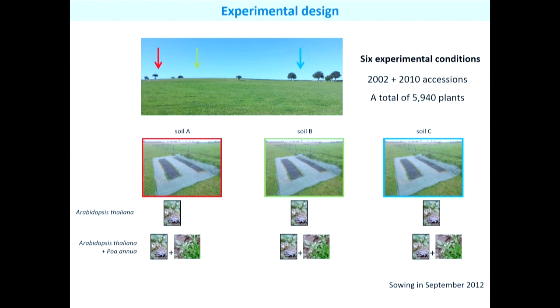And so we decided to focus on 3 different types of soils. These soils differ according to the pH, the nitrogen content, and other parameters. So we have 3 different types of soil, and for each type of soil, we have 2 conditions: absence or presence of Poa. So we have 6 macro habitats, and we planted all these accessions in these 6 macro habitats.